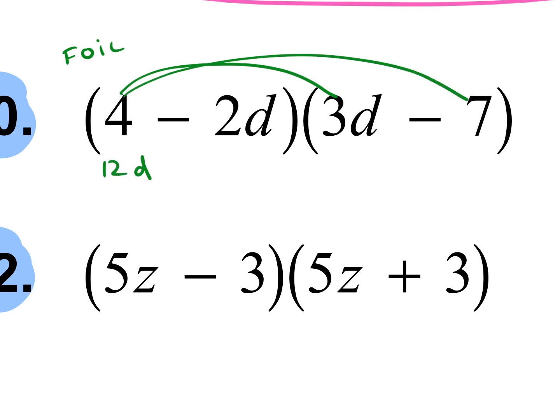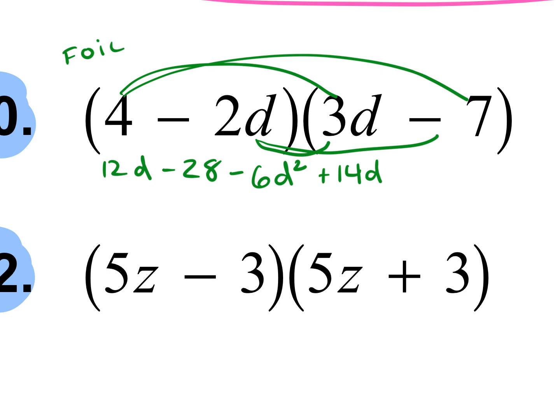Then 4 times negative 7. Negative 28. Then we have negative 2d times 3d. Negative 6d squared, because d times d would be d squared. And then negative 2d times negative 7, plus 14d.